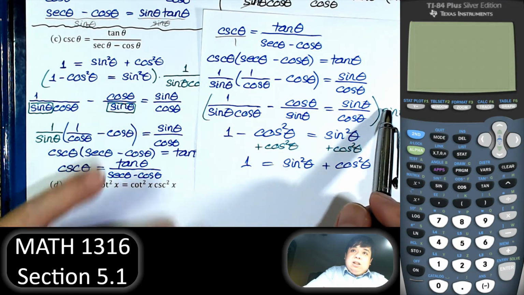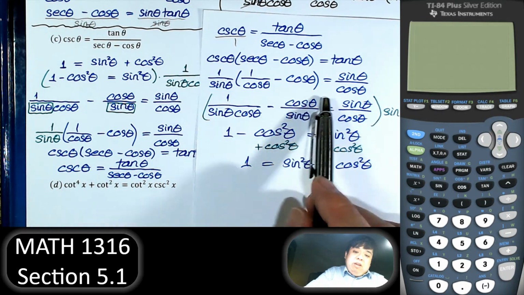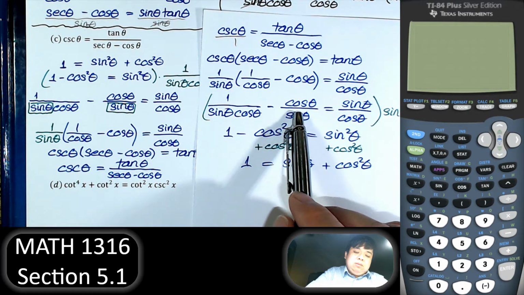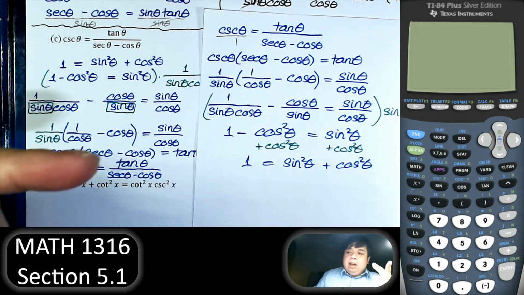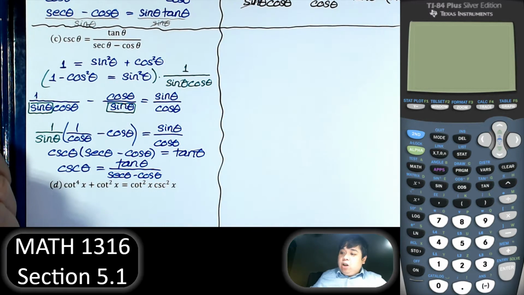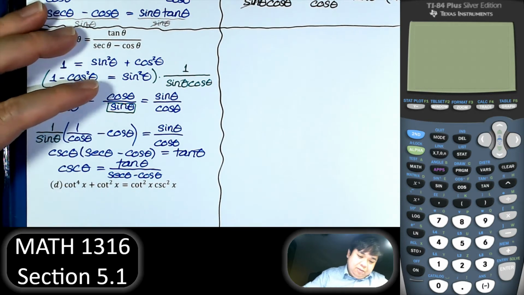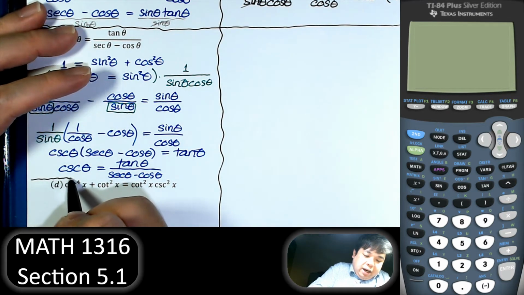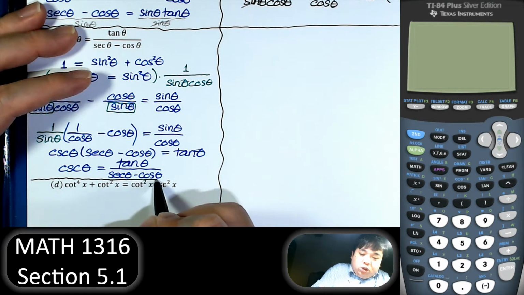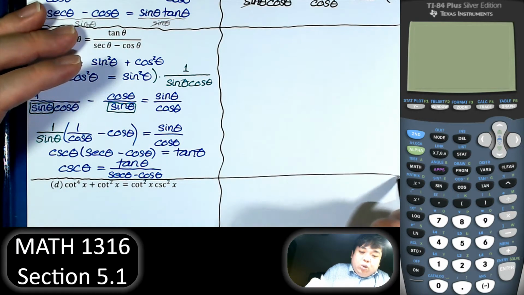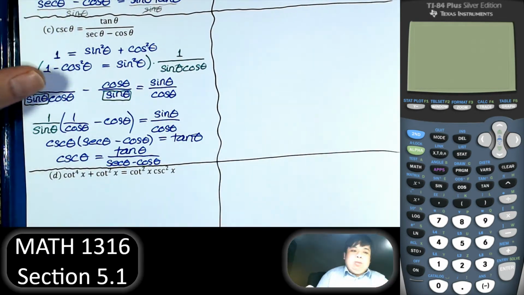Multiply by the least common denominator to eliminate the fraction. Those are the common things. And then once we simplify the problem to something that is true, we just work the problem backward and we have the proof.